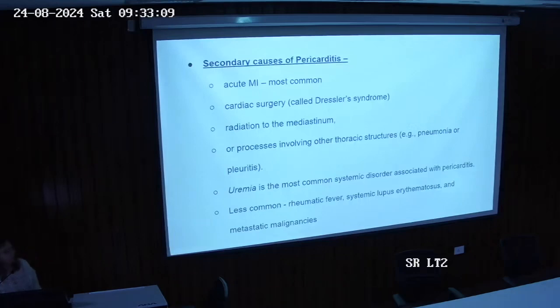Radiation to the mediastinum for any tumors of the mediastinum, or processes that involve other thoracic structures. Uremia is a very important cause of pericarditis, and less commonly it can follow rheumatic fever, SLE, and metastatic malignancies.